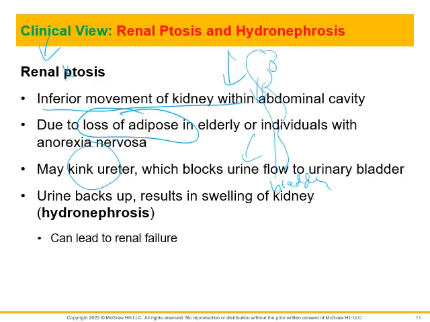It can block urine flow. You can actually have urine backing up, and that would cause a swelling of the kidney, which can lead to renal failure. And you can see this root word. We're going to talk about the functional units in the kidneys, and it's called a nephron. So this hydronephrosis would be the swelling of the kidney due to the backup of urine.